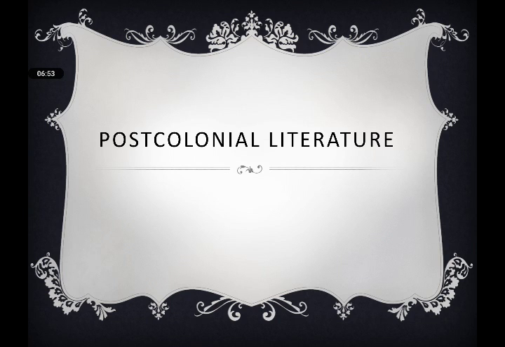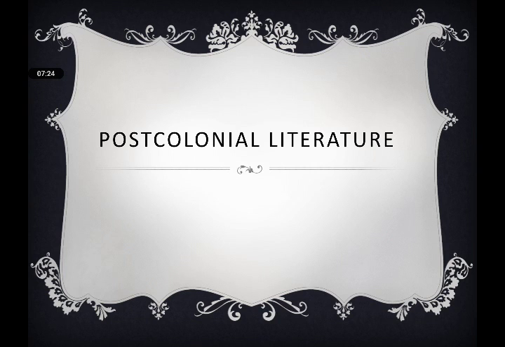Some of the best known names in post-colonial literature and theory are those of Chinua Achebe, Homi Bhabha, Edward Said, Buchi Emecheta, Frantz Fanon, Salman Rushdie, Wole Soyinka, V.S. Naipaul, Taslima Nasreen, Gabriel Okara, and many more.